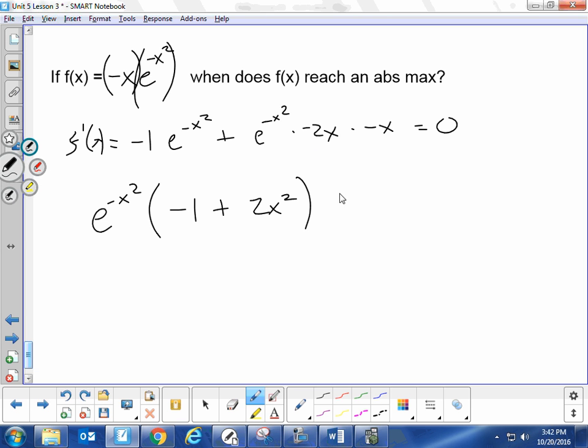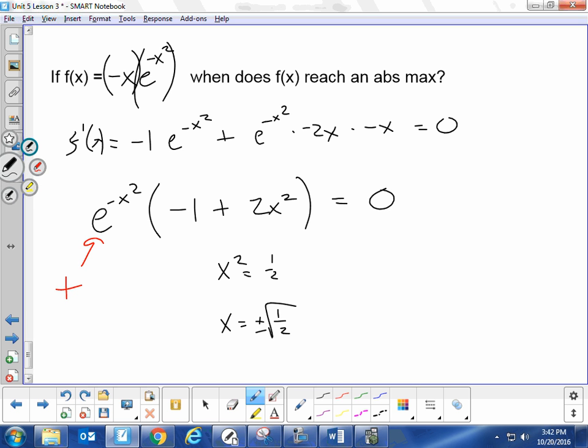The negative and the negative will cancel. This is always positive. No matter what the power is, e to any power is always positive. So I really need to figure out when just the middle part equals 0. That's when x squared is equal to 1/2. That's when x equals plus or minus root 1/2.